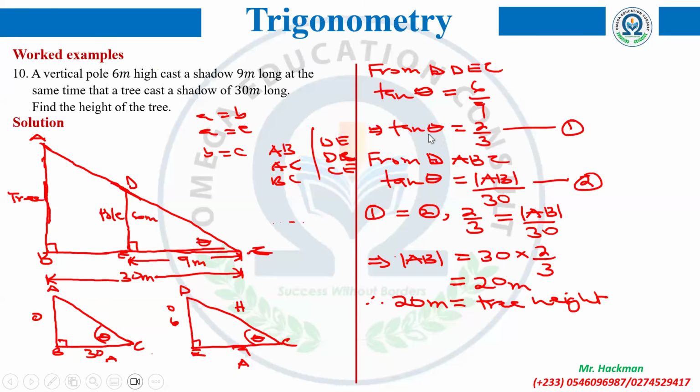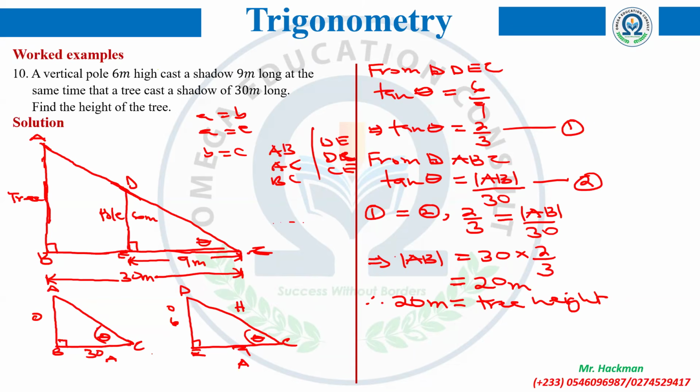Then you are supposed to find the theta value, by saying theta will be the sine inverse of this, then theta will be tan inverse before you equate. What you are equating, the quantity here and the quantity here, must be the same. You get it? So always, if you use tan, this one will also be tan. If you use sine, this will be sine. So what you use for the first one will guide you as to what you are going to use for the second one, in terms of the trig ratio.